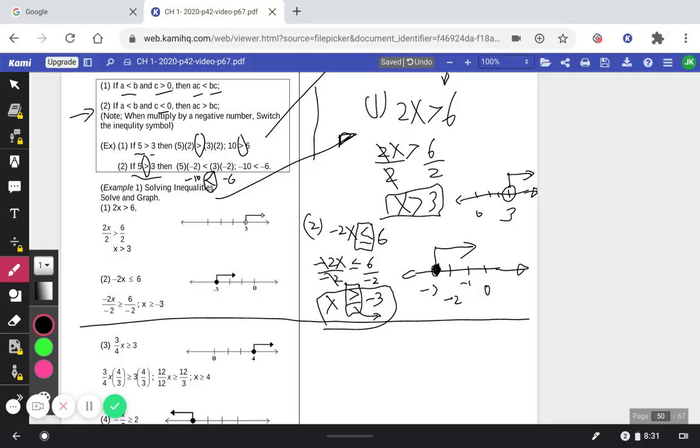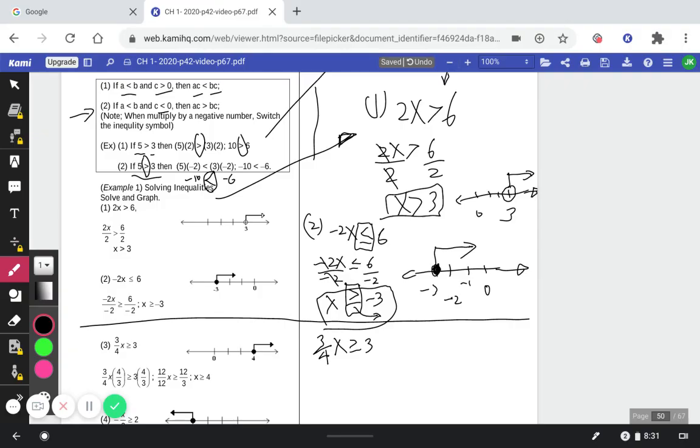Now, number 3, you have 3/4 x is bigger than or equal to 3. How do you solve when there is a fractional, numerical coefficient in front of x? To get rid of this numerical coefficient, you multiply both sides by the reciprocal of this fraction, which means upside down.